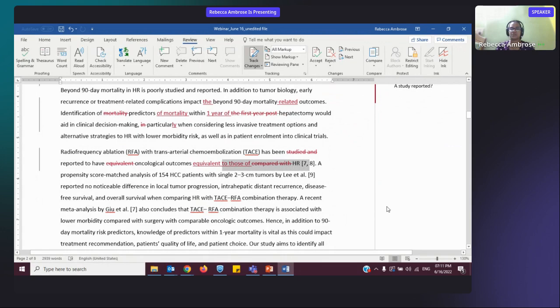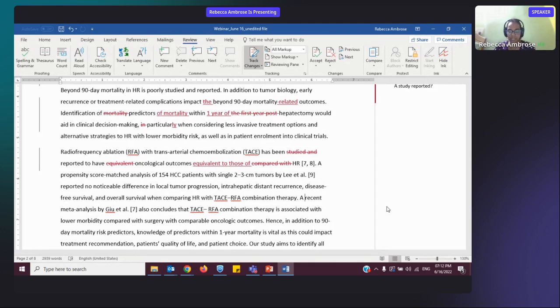For better phrasing, a propensity score matched analysis of 154 HCC patients with single tumors by the et al. reported no noticeable difference in local tumor progression, intrahepatic distance recurrence, disease-free survival, and overall survival when comparing hepatic resection with this therapy. So this is largely fine for now.